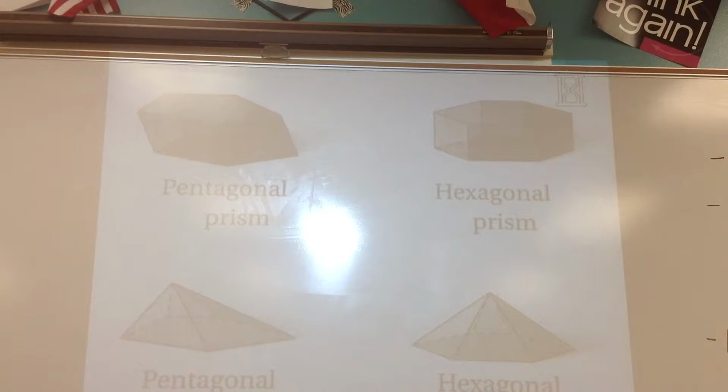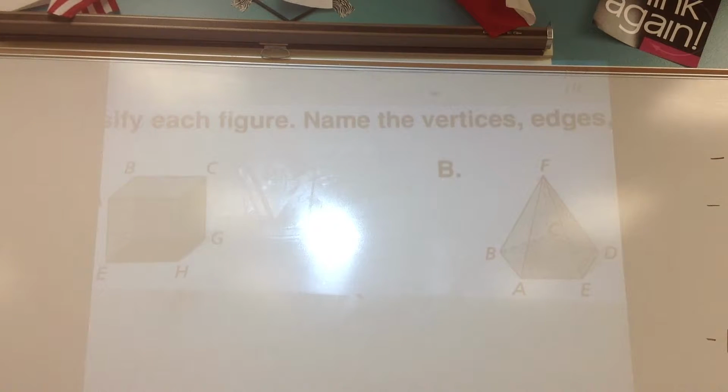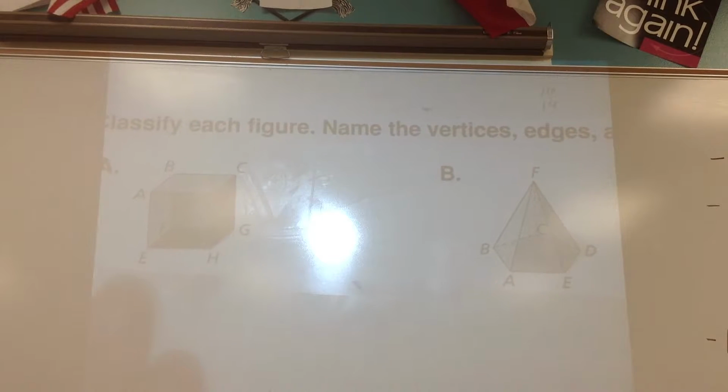So we're going to look at a couple of examples, and we want to classify each of these figures. You want to tell, is it a prism or a pyramid, and what kind of prism or pyramid is it? And then you're going to name all the vertices, the edges, and the bases. So I'll give you a moment to do that.